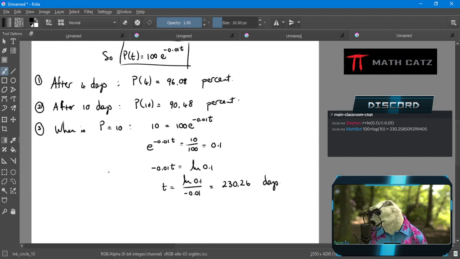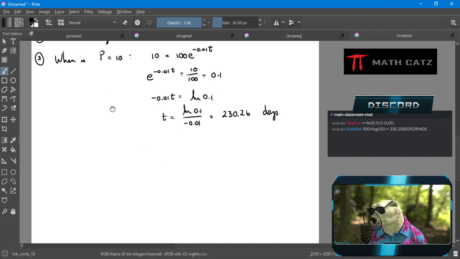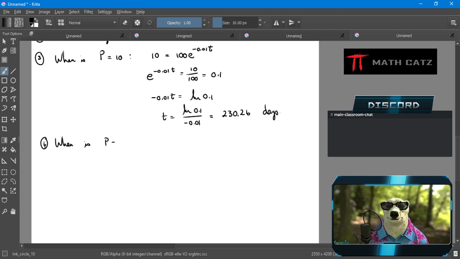So now I'm going to do exactly the same, except ask the question, when is my P value 1? So that's going to be when I plug in 1 for P and solve for T. So e to the negative 0.01 T is then 1 over 100, which I can simplify to 0.01.